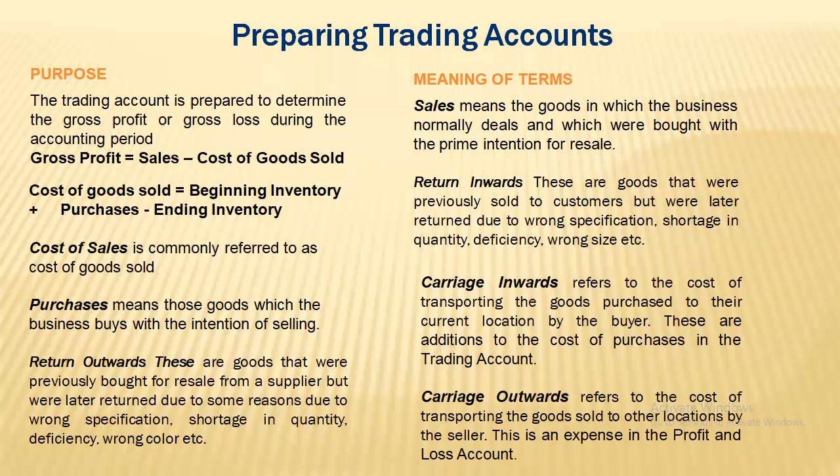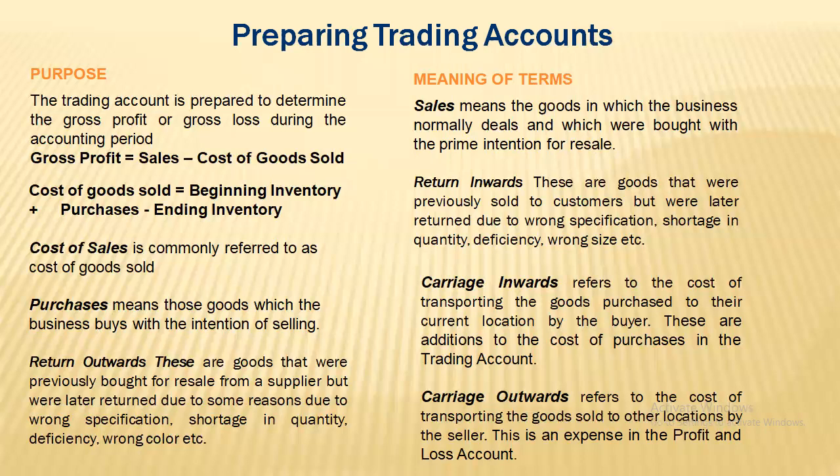So let's continue. Then we now have sales. Now, what is sales? Sales are the value of goods and services that have been sold by an organization. So when we bought goods for the purpose of reselling, the part of those goods that has now been sold is what we refer to as sales.